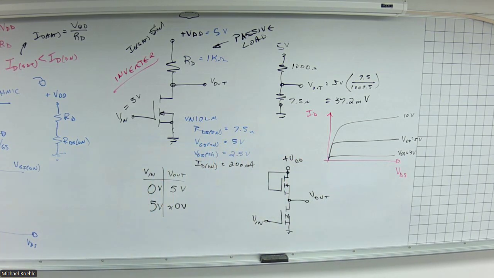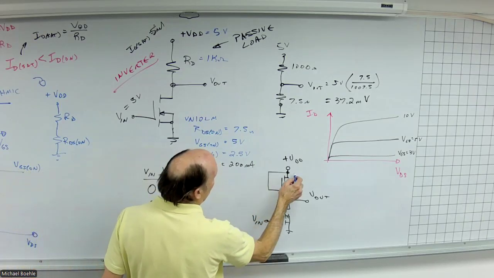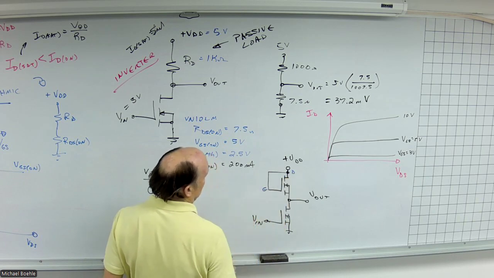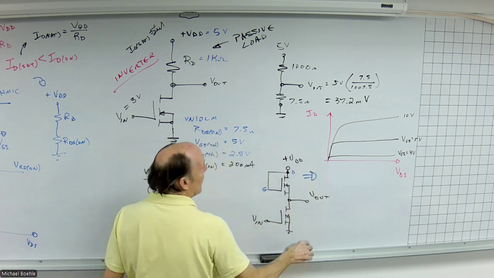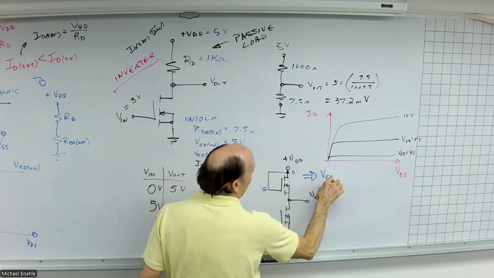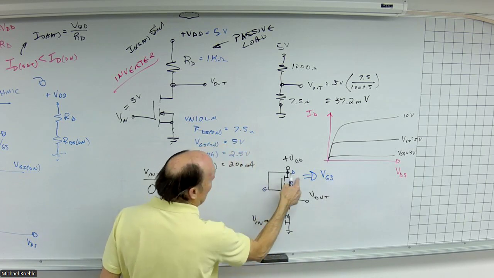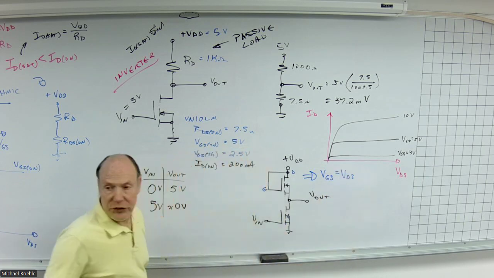Now notice what I did with the gate. The gate is also connected to the drain, which means for this device, the gate source voltage, so gate to source, and drain to source are the same.